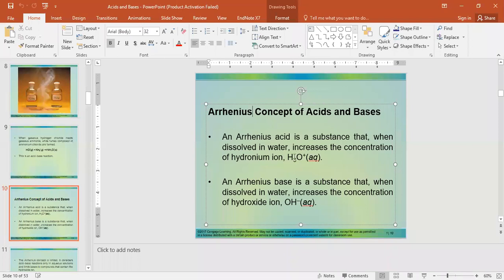Hydronium ion is this kind of ion here. Actually, what you have here is what we call an acid in water, and we can present it this way.